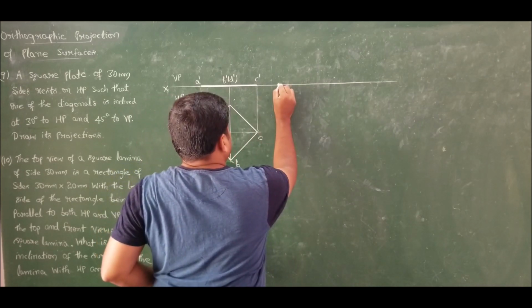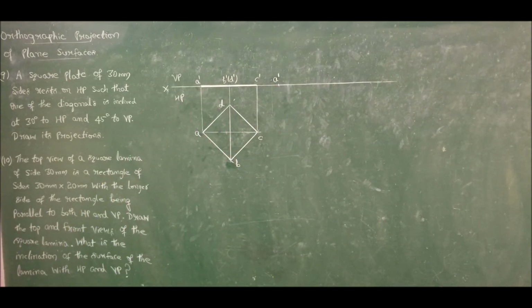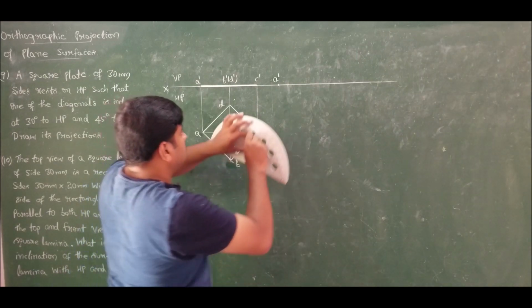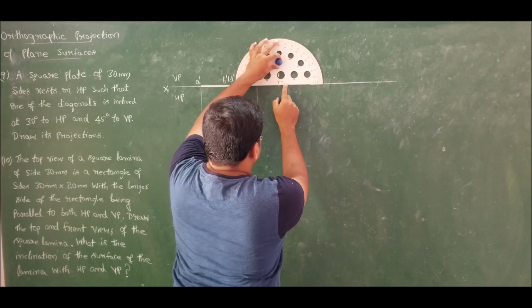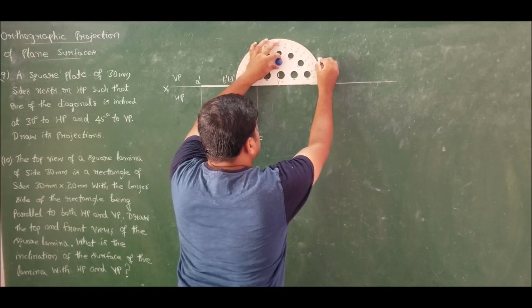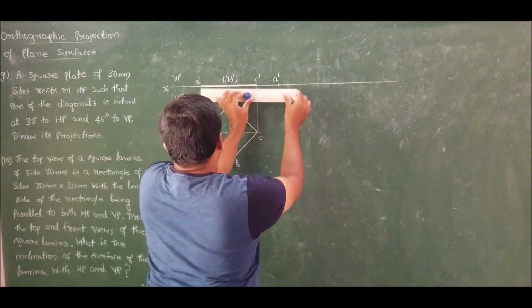Now let us mark A dash. Let us take this as A dash and measure 30 degrees. Now you transfer the diagonal. So measure the diagonal.